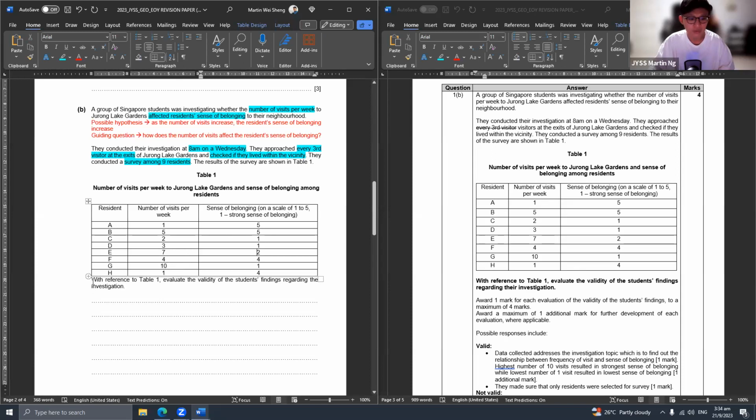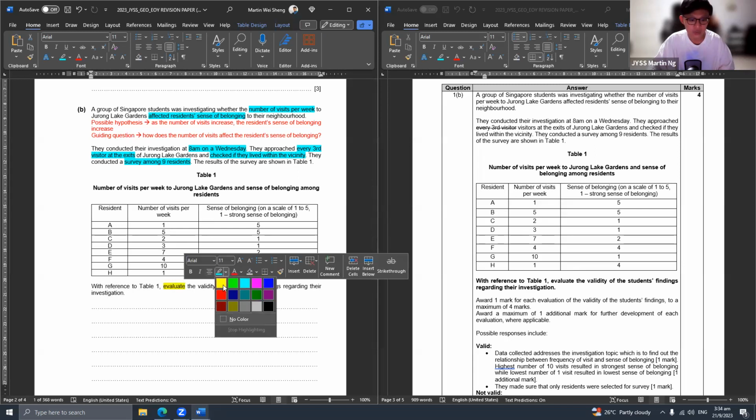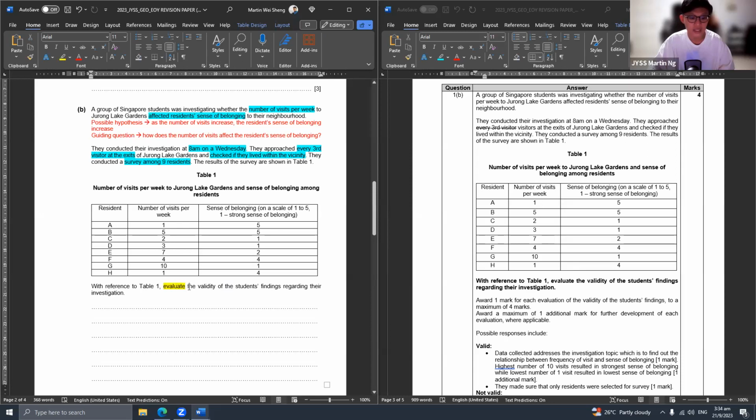Okay, so with reference to the table, evaluate the validity of the students' findings. So with reference, you might have to make use of this table. Okay, evaluate. The command word evaluate always requires you to give both sides. All right, so you have to say both, in this case, valid or invalid. All right.